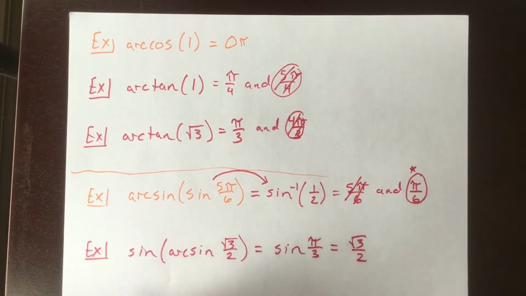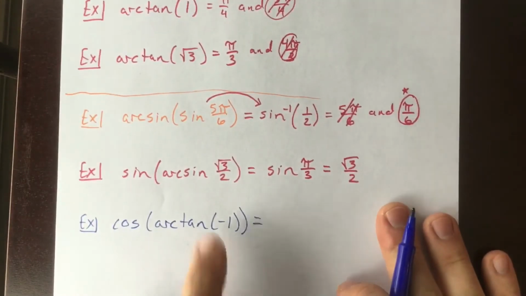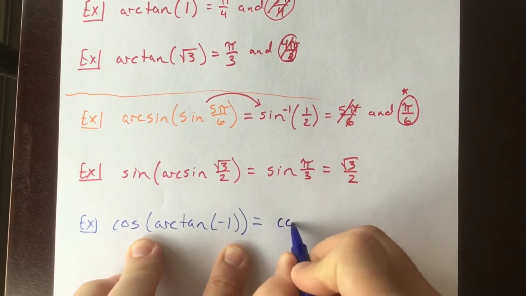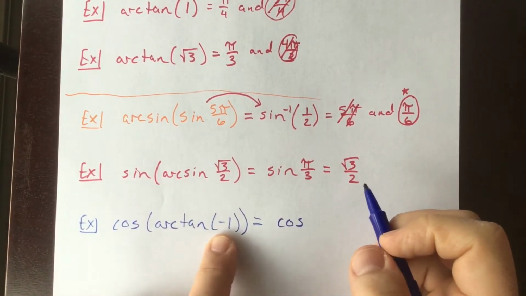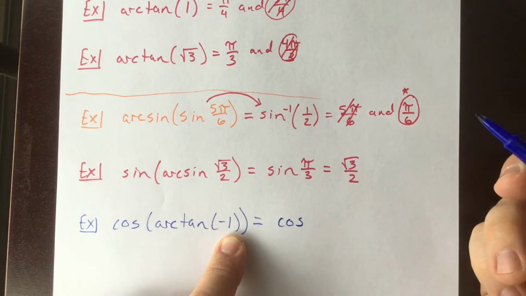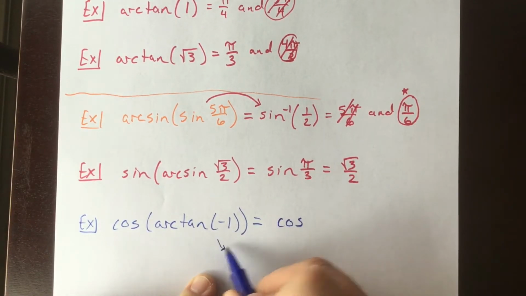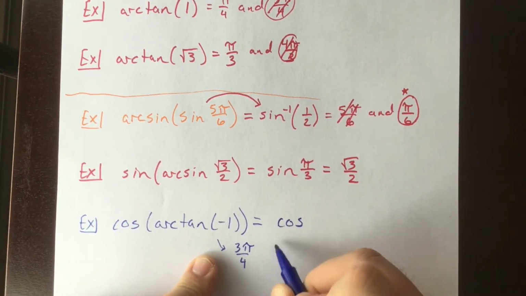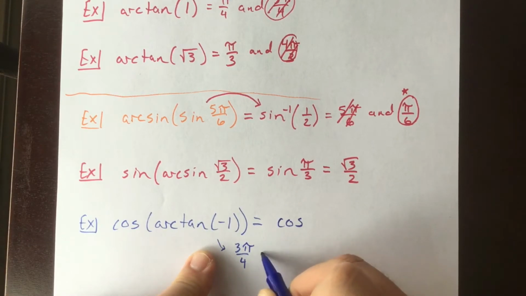So let's say we have cosine of arctangent of -1. Okay, so arctangent of -1. We're going to get an angle measure from this, and from the angle measure, we'll take the cosine of that. Tangent is -1 at 3 pi over 4, and at 7 pi over 4.